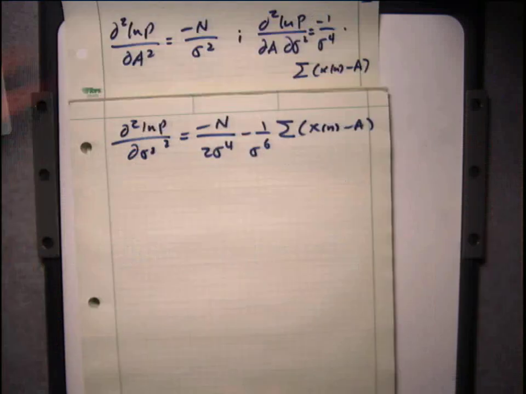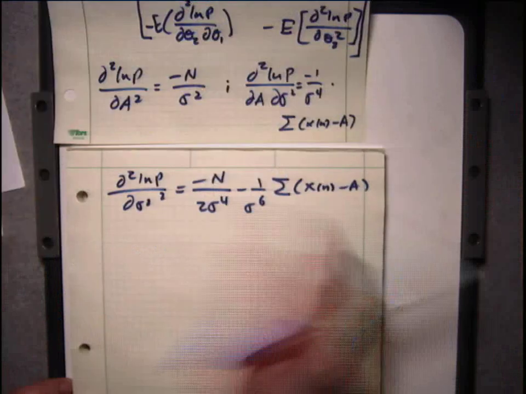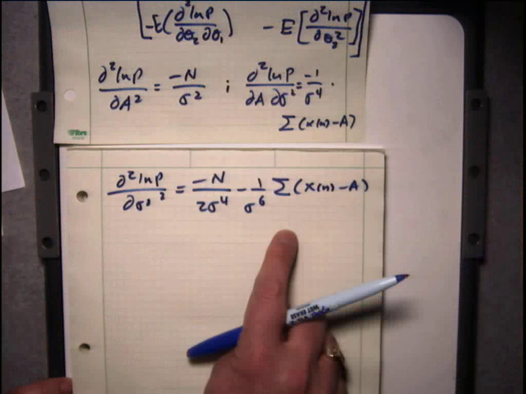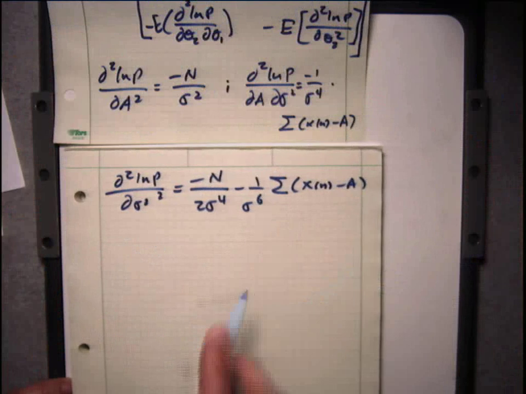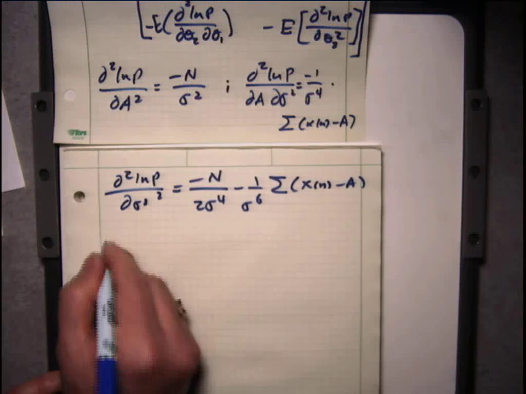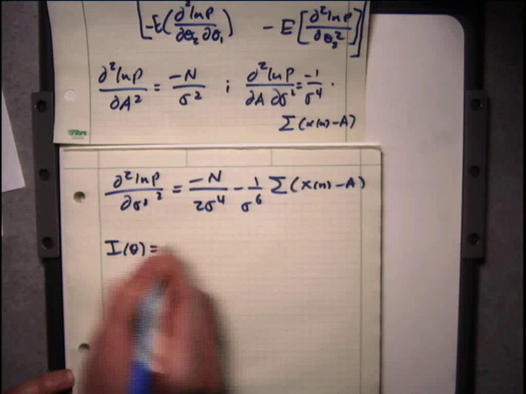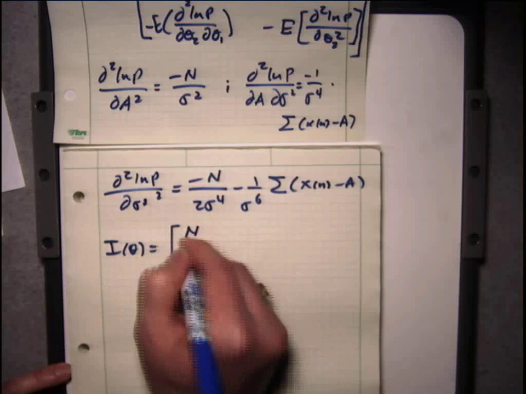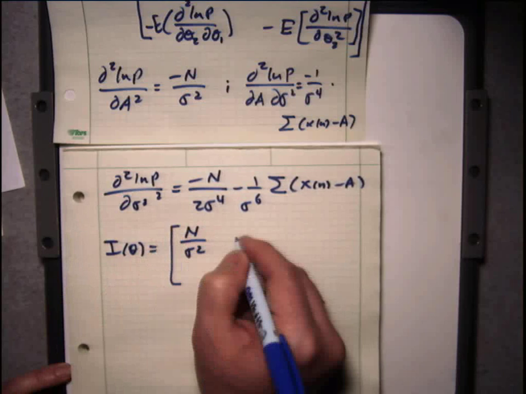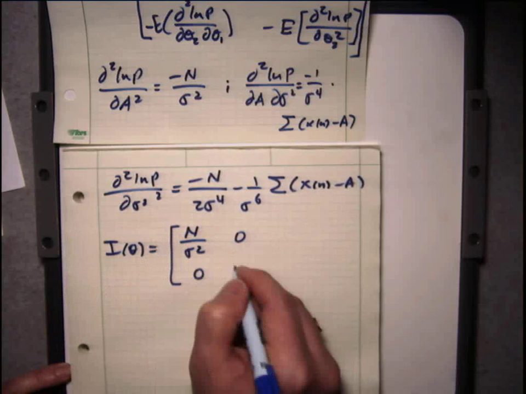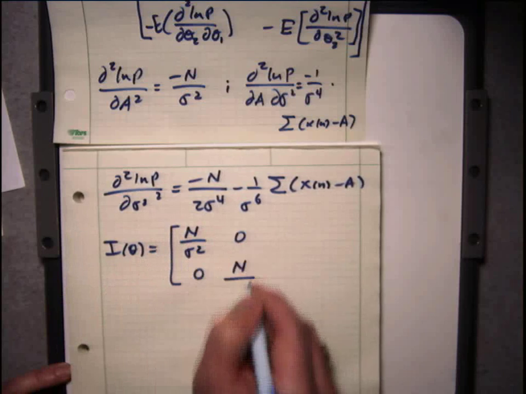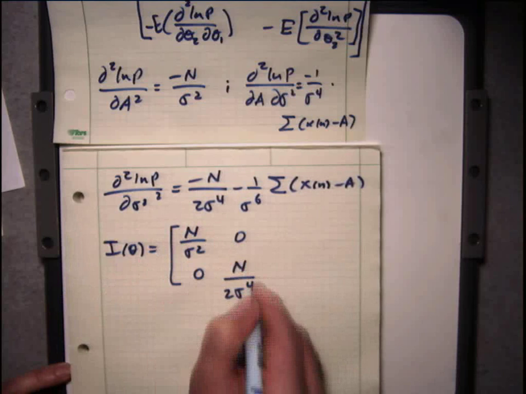Then we compute the expected value of the other two terms, and what we end up with is the Fisher information matrix: N over sigma squared, 0, 0, N over 2 sigma to the 4th.